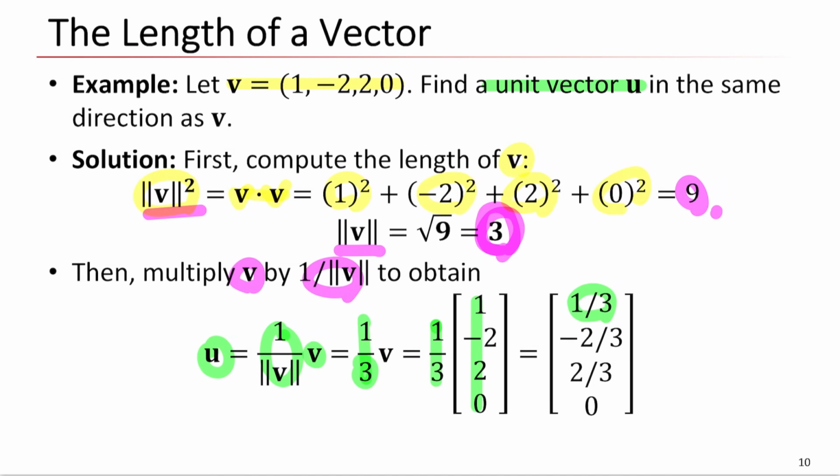So it means that the first entry is 1 over 3, negative 2 over 3, 2 over 3, 0. Okay, so this is just the unit vector. If you imagine the 4-dimensional space, because we cannot draw this one, right?